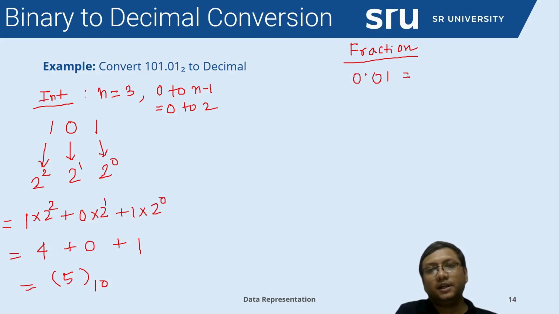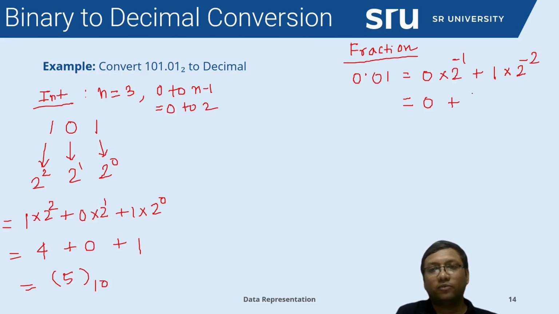So this will be equal to 0 into 2 to the power minus 1 plus 1 into 2 to the power minus 2, which is equal to 0 plus 2 to the power minus 2.